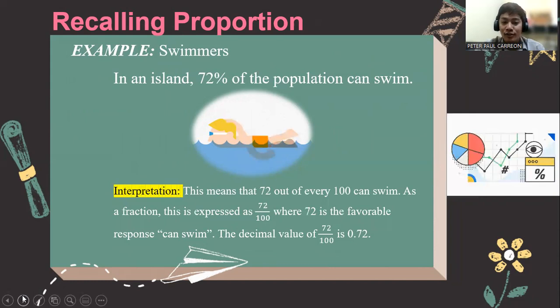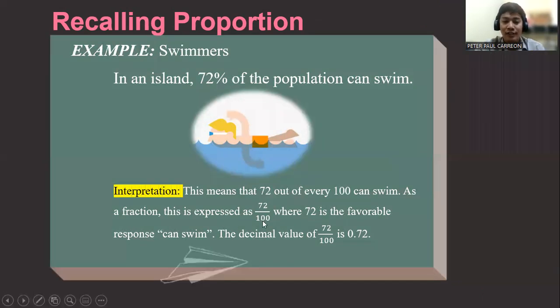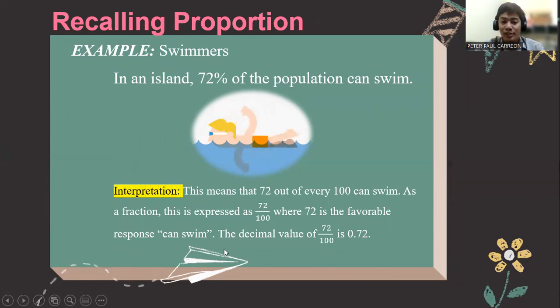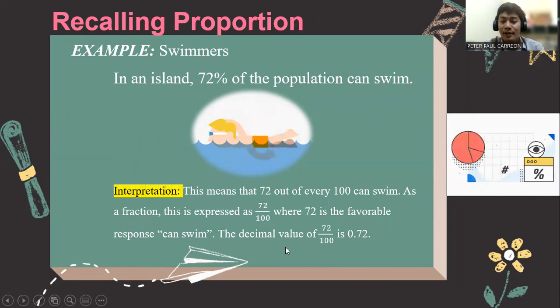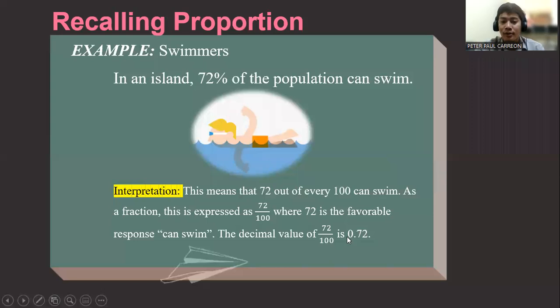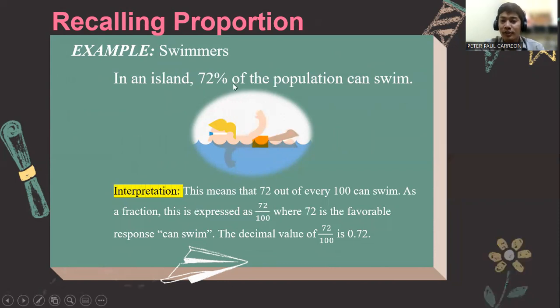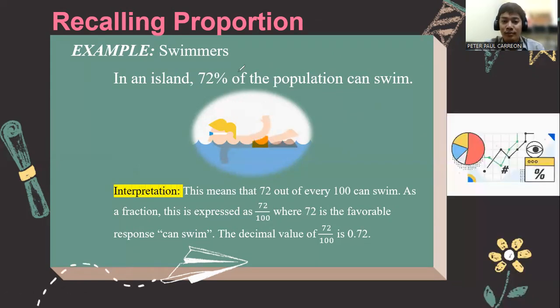As a fraction, this is expressed as 72 over 100, where 72 is the favorable response, the people who can swim. The decimal value is equivalent to 72 over 100, or 0.72, which could later be transformed into its percentage form, which is 72%. That is how we interpret a proportion.